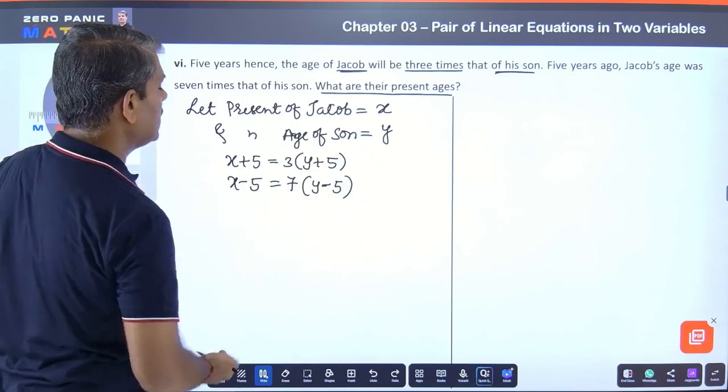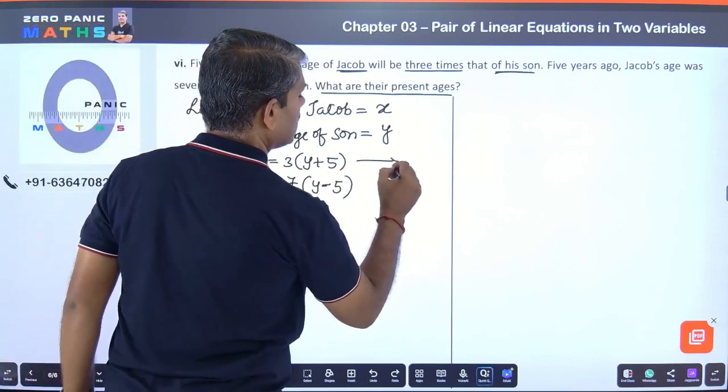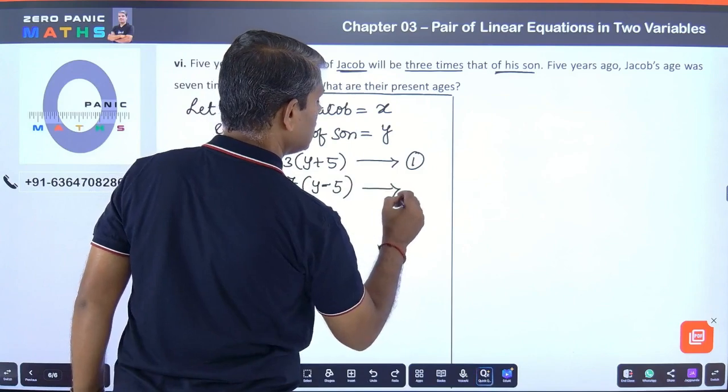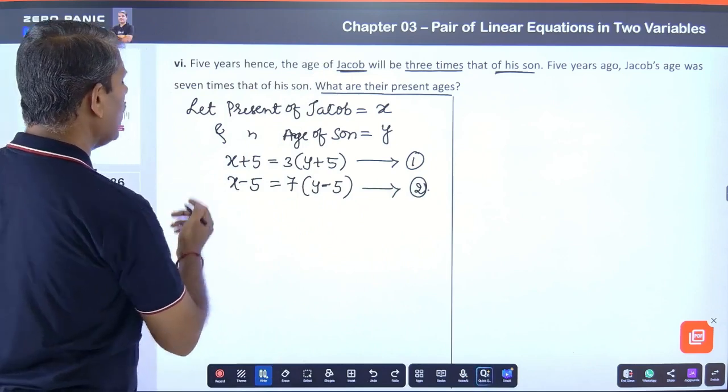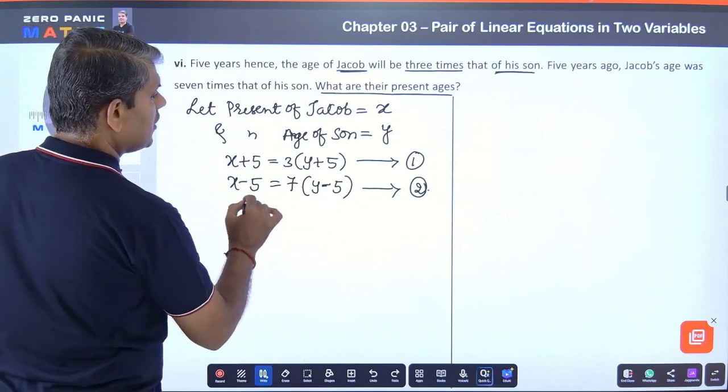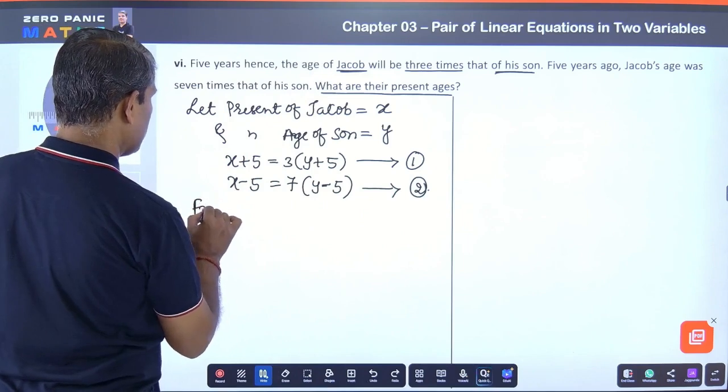Let us resolve the equations now, equation 1 and equation 2.